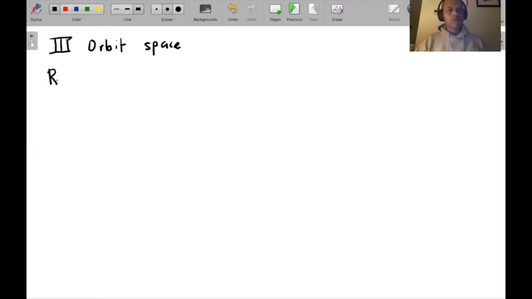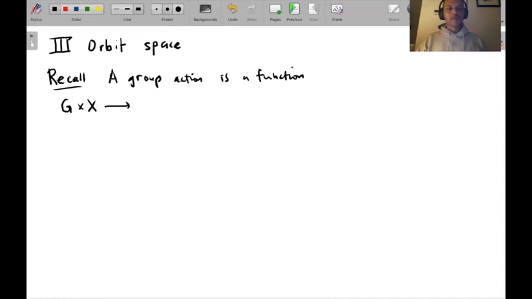So recall from last time that a group action is a function of the following form. G is a group and X is a space. We have some function like this, which we write as g dot x. And it has a few properties.